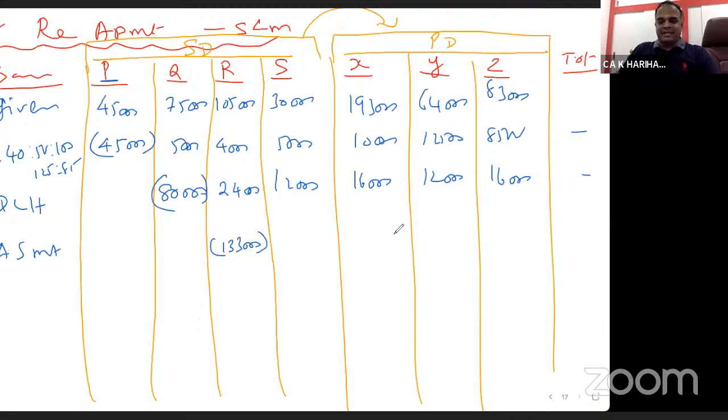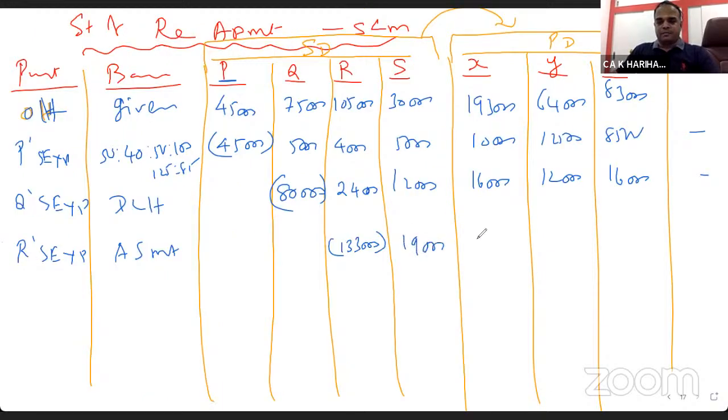So the 1,33,000 you have to apportion based on area in square meter: 19,000, 57,000, 28,500, again 28,500. Total should be nil.